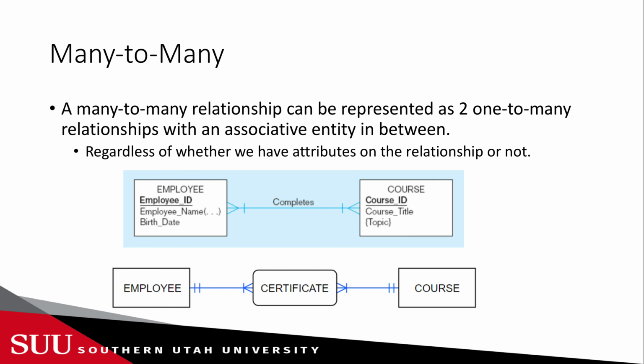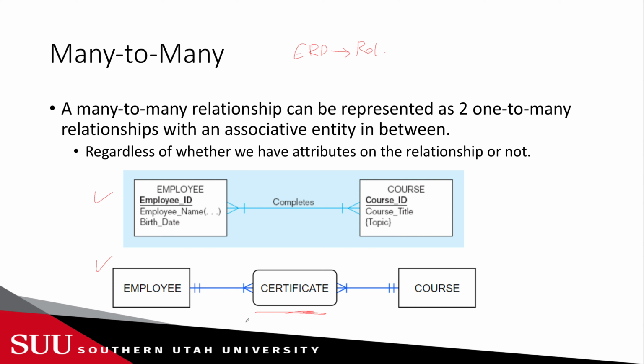Now, the question is, which one is better? Which one is right? Is it this one or this one? The answer is both mean the same thing. Then why do we need to have this? It's going to be easier for us to model when we want to jump from ERD to what we call a relational model.